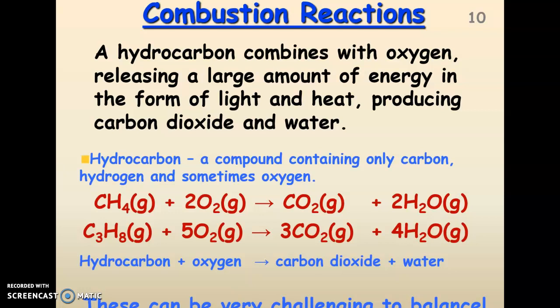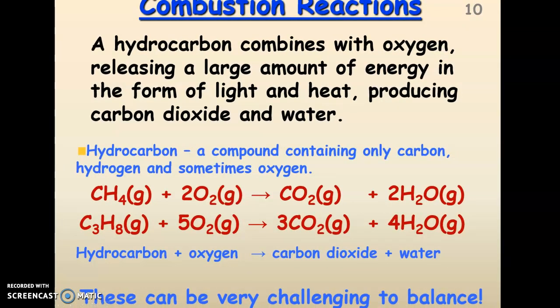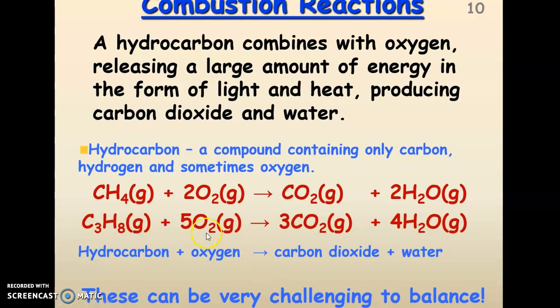Okay, these can be hard for you to balance, but practice that and just keep working at it. My suggestion when you're balancing these is to start with the hydrogen, and if you see as a result of doing the hydrogen that you have an odd number of oxygens, double the hydrocarbon and then go back and balance again, starting with hydrogen.